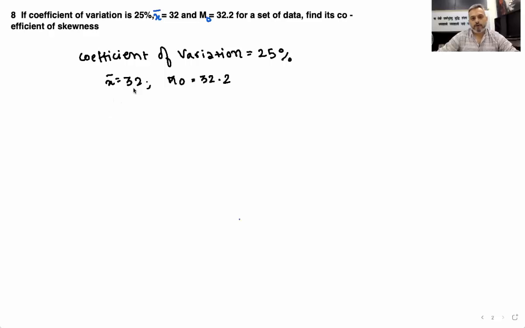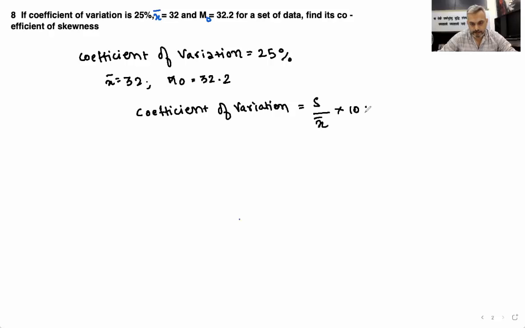Now over here, coefficient of variation is given. So let's use the formula of coefficient of variation first. Coefficient of variation is equal to standard deviation upon mean into 100. Now coefficient of variation is 25, which is equal to standard deviation upon mean, which is 32, into 100.